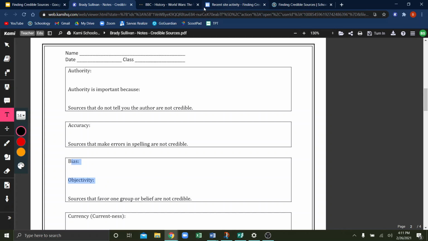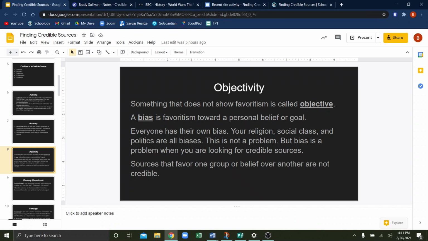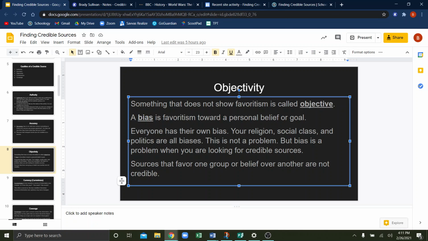Oh my gosh, now I'm going to the wrong spot constantly. Objectivity is not showing favoritism. And a bias is what we call favoritism towards a personal belief or goal. So bias is just another word for favoritism.